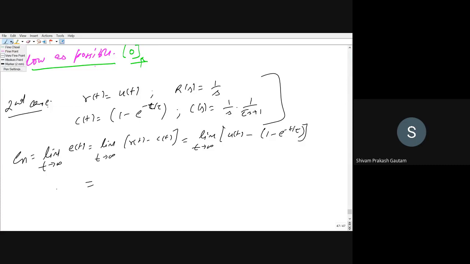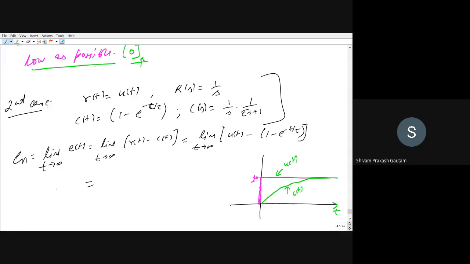So if I plot the input and output, let us suppose this is our input, a unit step. What is our output? The output is like this, right? The pink line shows the input, that is u(t), and this is our output, that is c(t).